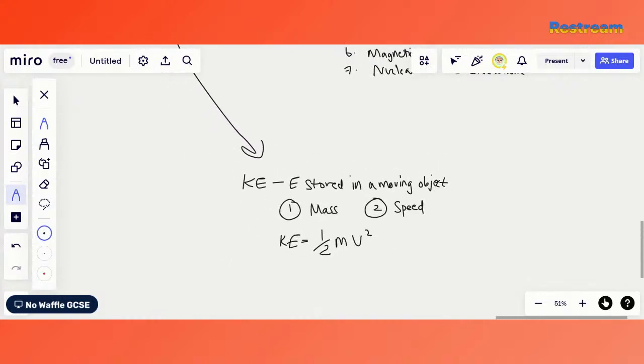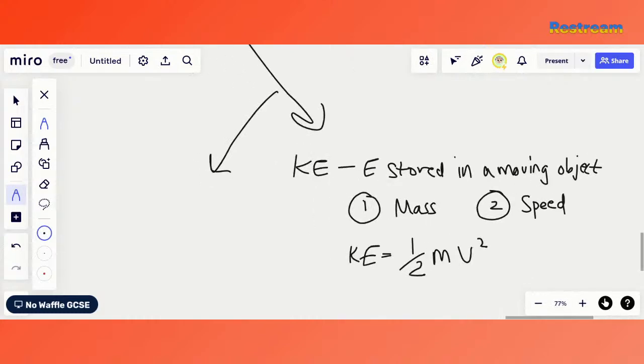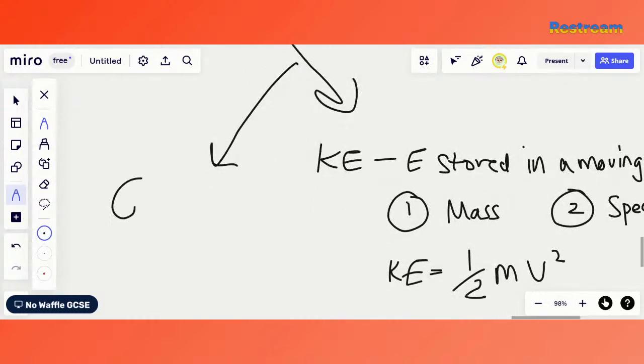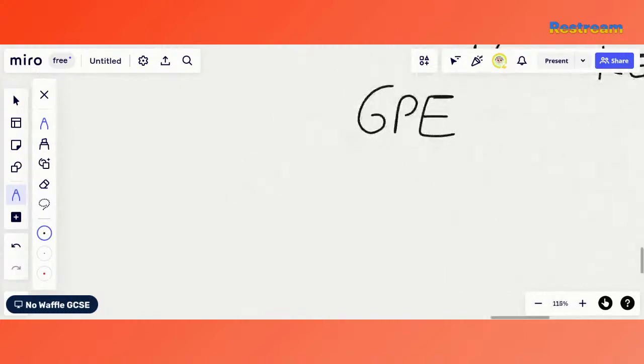So we have kinetic energy. Now we have potential energy. So potential energy is the energy in between the particles, and we have different examples of potential energy. So there's elastic potential energy, and gravitational potential energy, which is what we're going to look at now. So gravitational potential energy is things like when you are lifting an object.